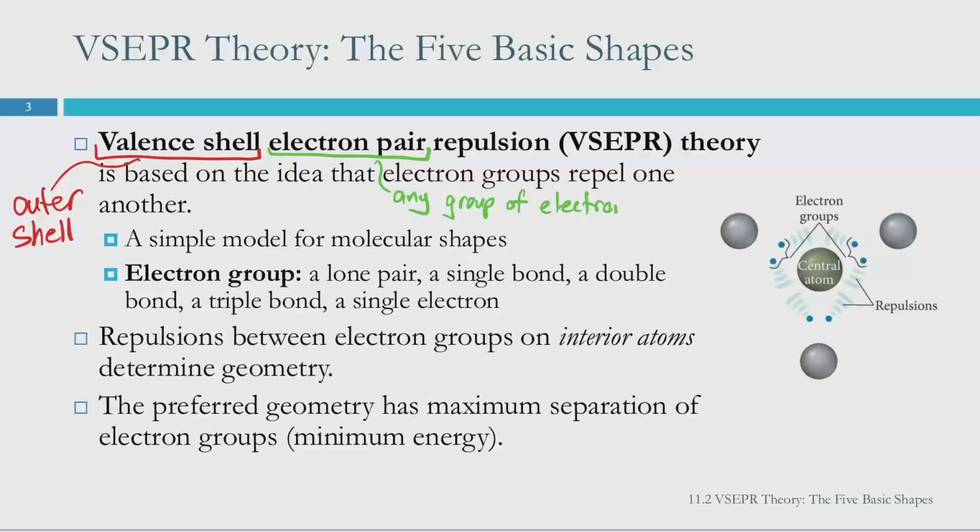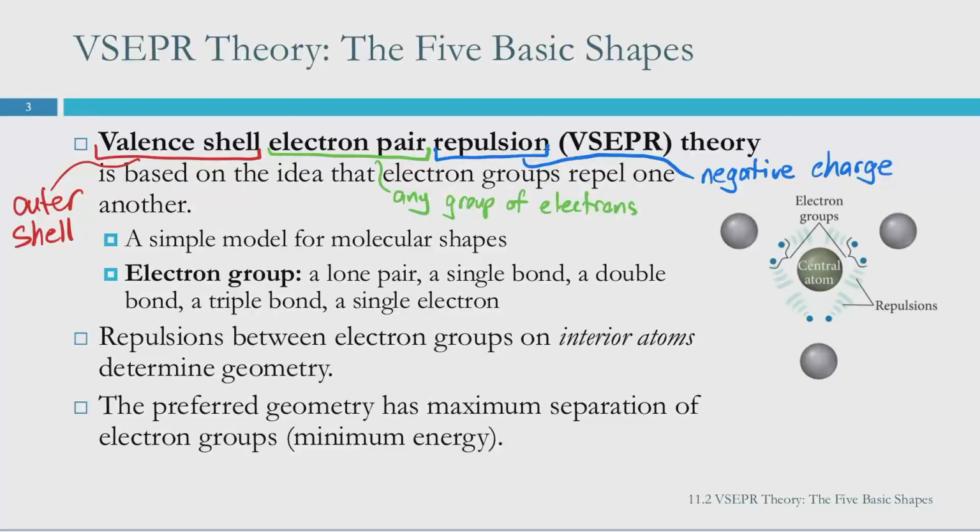What charge do electrons have? They're negatively charged, and so it makes sense that they would repel each other. So all that valence shell electron pair repulsion theory is saying is that our outermost electrons will form electron pairs in the form of single, double, triple bonds, as well as single electrons and lone pairs.